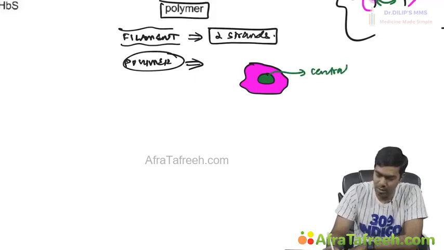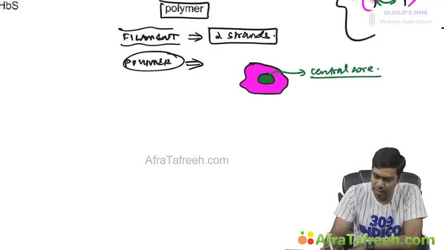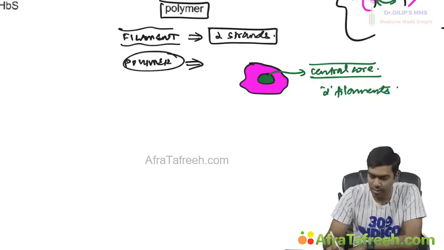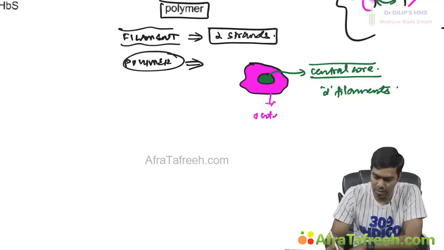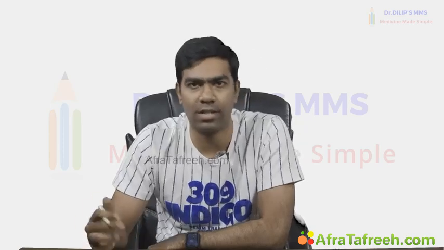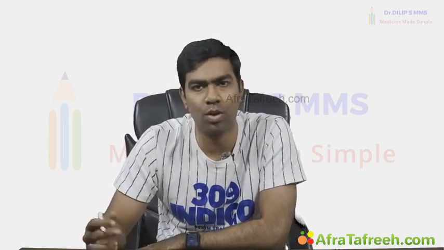The central core is going to be made of 2 filaments, or otherwise you can even write it as 4 strands. Similarly, the outer sheath is going to be made of 5 filaments, or you can also write it as 10 strands. That is also possible. So central core 2 filaments and outer sheath 5 filaments. Central core 4 strands and outer sheath 10 strands. Like this also you can write.